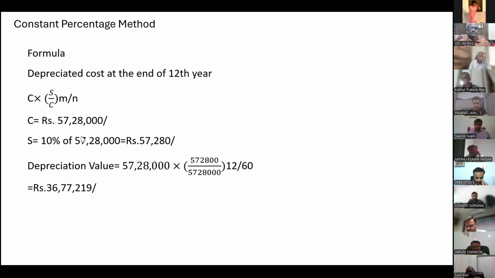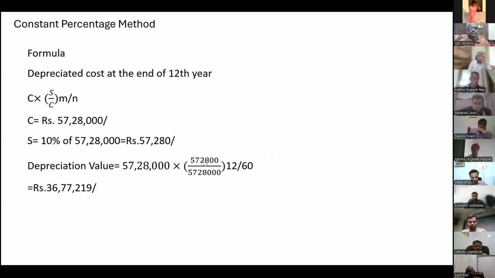So C is 57,28,000 original cost. Salvage value is 10% of 57,28,000. Salvage value comes out to be 5,72,800. You calculate, so you know this formula directly gives you the depreciated value. You need not calculate depreciation separately.